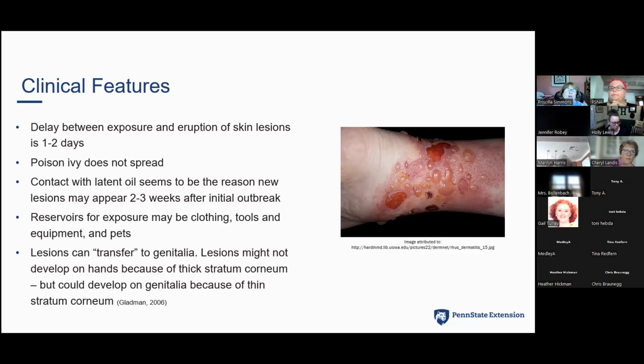I don't really know. I'm just going to say that the literature I've read says that it doesn't spread. And if it pops up in other parts of the body, it is supposedly because of persistent urushiol oil in the skin.